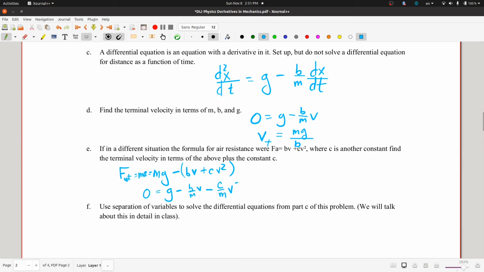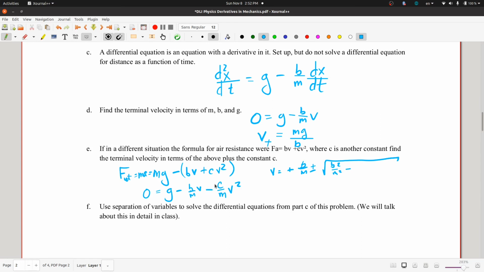So we have coefficients for our squared term, linear term, and constant term here, and we just want to find the roots of this equation where the rate of change of velocity will equal 0. Applying our quadratic formula, we see that v is equal to negative this constant, so b over m, negative is a positive, plus or minus the square root of b squared over m squared, minus 4ac.